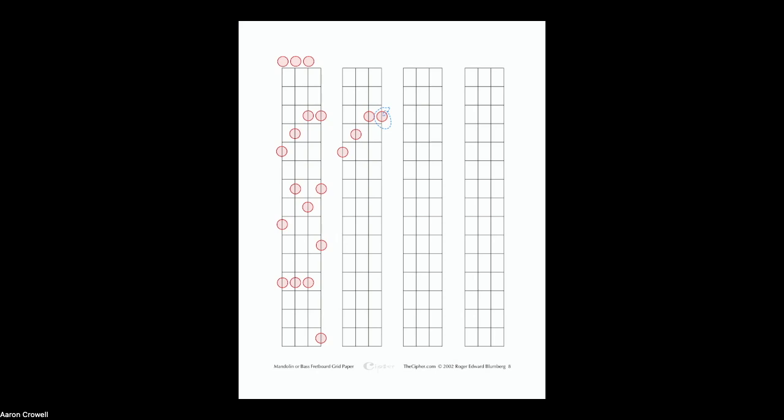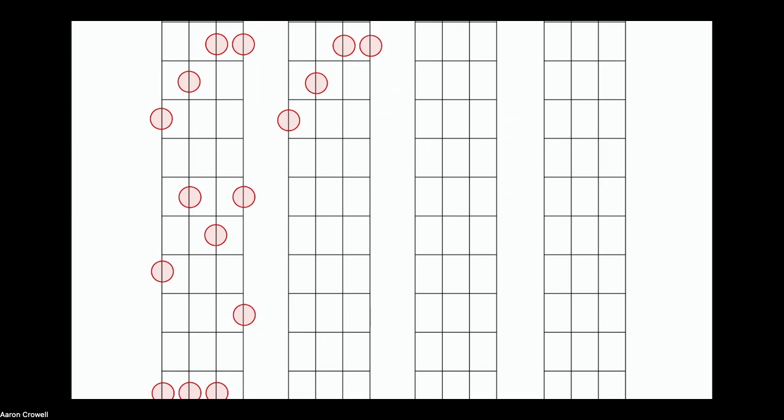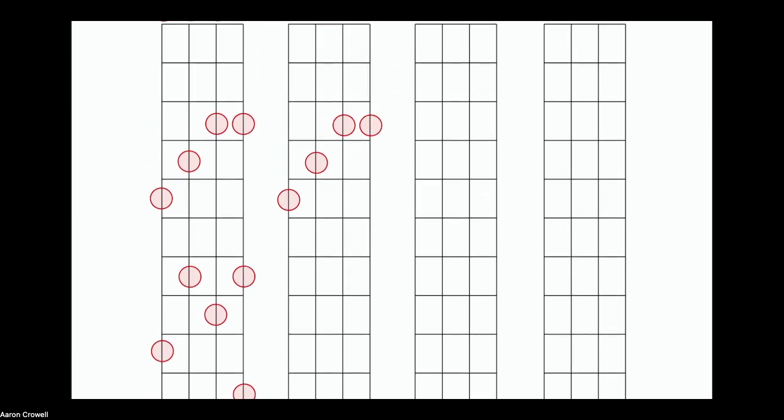They're both the root. And this means that one of these has to move back. Because we're going in order 1, 3, 5, 7, right? I can move this 1 down a half step and create a 7. So this is how I would play C major 7.